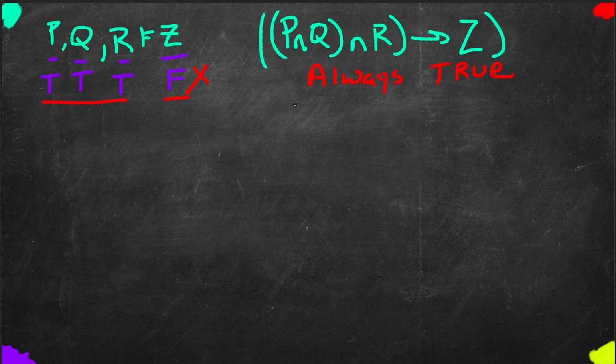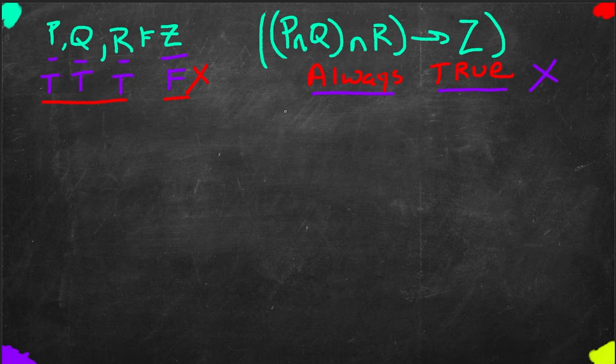Now with that in mind, we can ask ourselves whether or not this particular formula is always true. That is, does it express a tautology? If that's the case, we can think about when is this formula false? What's the condition under which this always true does not hold? Well, when we look at this formula, one thing that we see is that it's a conditional, and we can think about, well, what are the conditions under which a conditional is false?